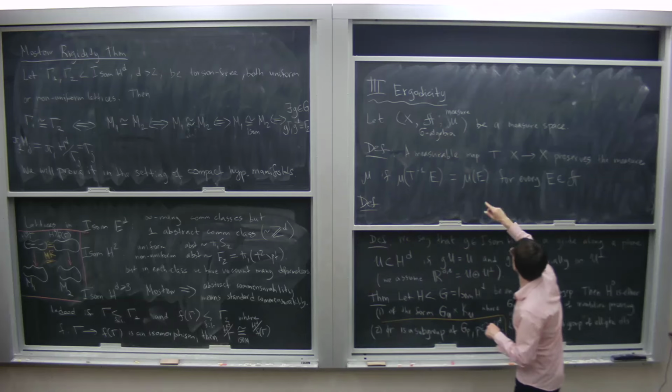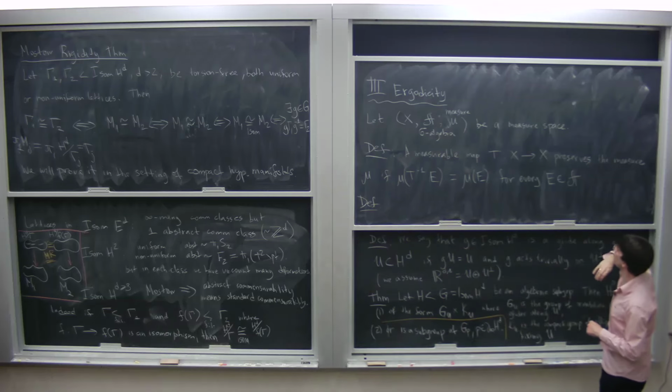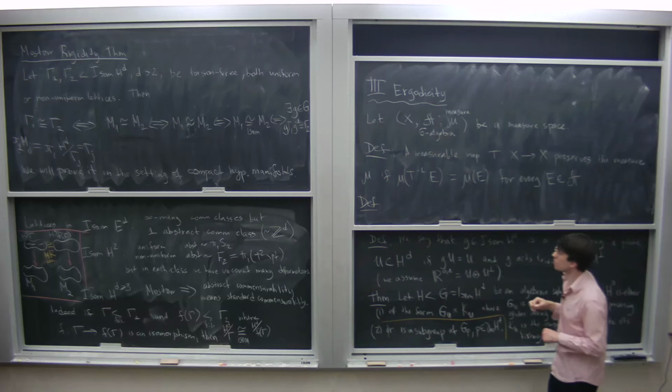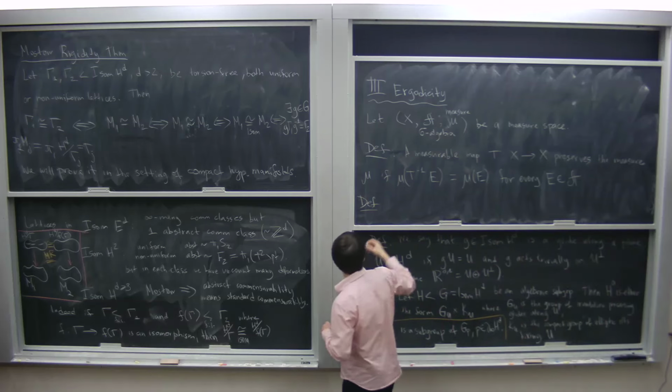Then a map T preserving mu is said to be ergodic.